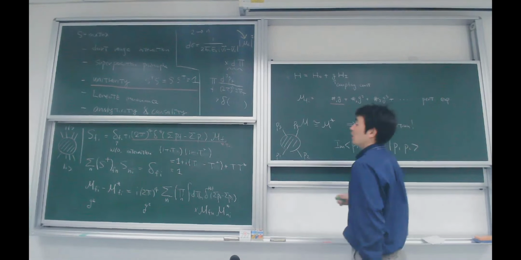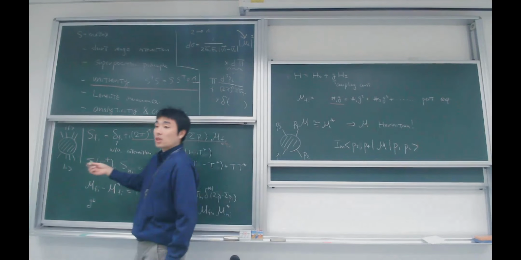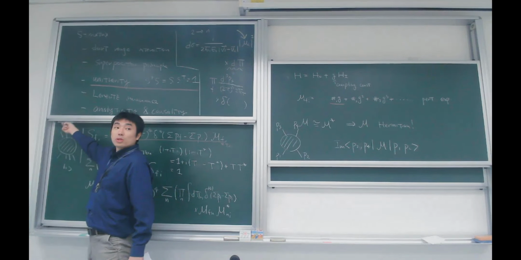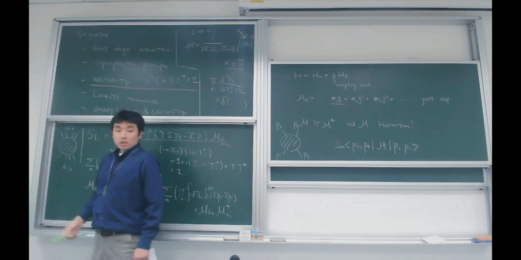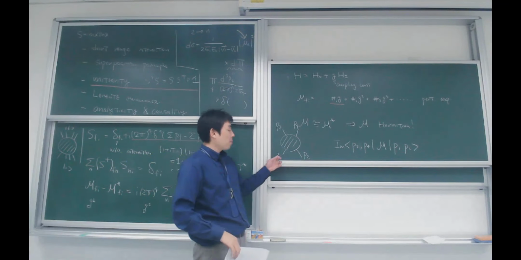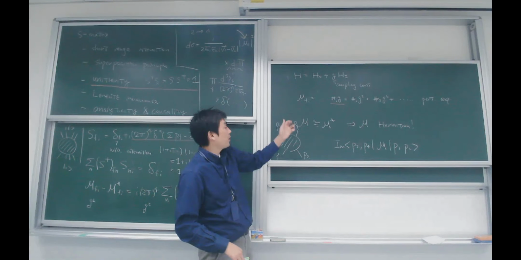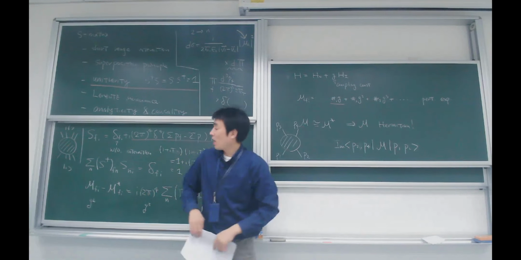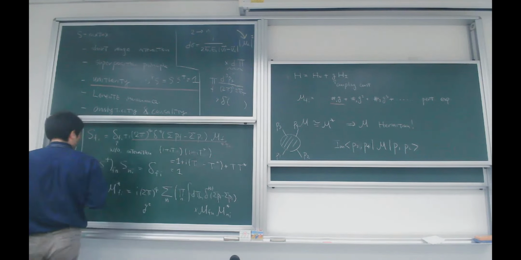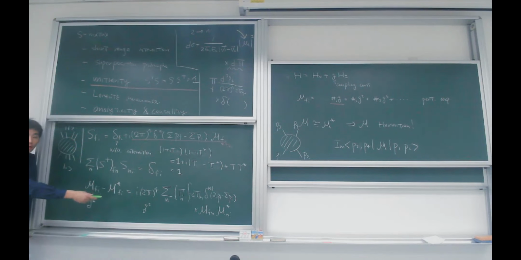If you restrict yourself to a 2-to-2 process, it has momenta P1 and P2 in the past infinity, and in the future infinity it has P3, P4. The left-hand side is in fact just the imaginary part times 2.